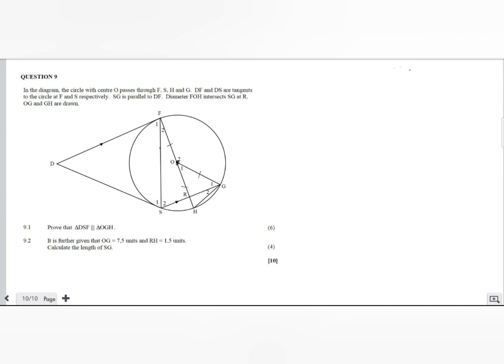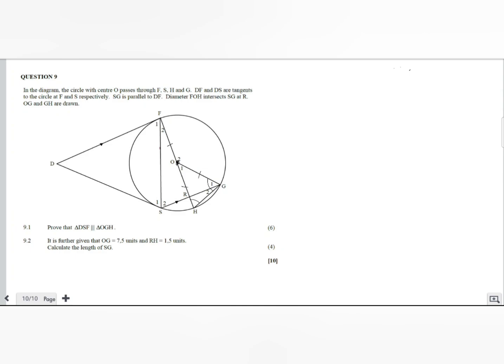When you indicate the radii, you can see an isosceles triangle OHG, which means these two angles are equal. So up to that point we got the information, isn't it? Let's continue reading. DF and DS are the tangents to the circle at F and S respectively.